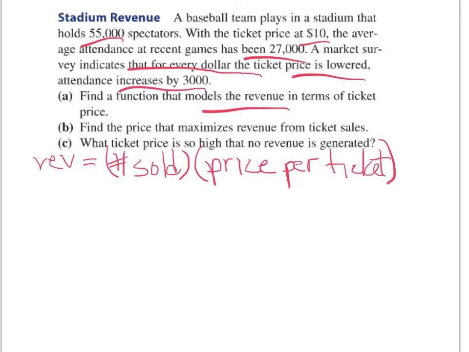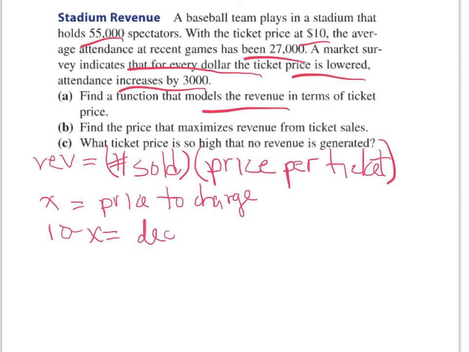So that means that if X is equal to the price that we're going to charge, then 10 minus X is the decrease in the price, because the price was originally $10 and now we're only charging X. So that means 10 minus X is the amount by which we decreased the price.